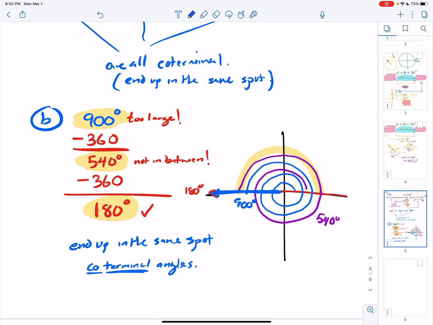And that's it. All right, here's 2 more. Part C. What if your angle was negative 400 degrees? Remember, you're aiming for something in between 0 and 360. Negative 400 is somewhere over here.